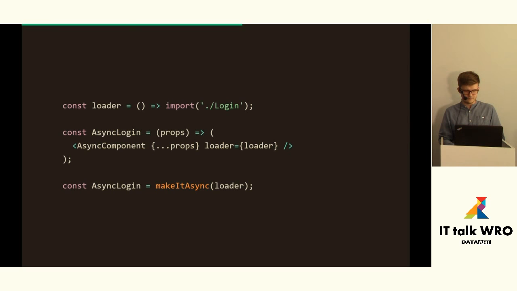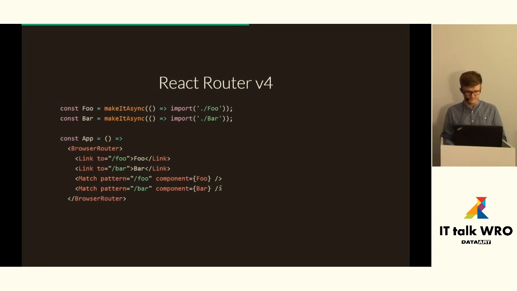Then we can just transform Login to AsyncLogin, make it async with the code that I showed you earlier. So make it async and pass the loader. And you have an asynchronously loaded component that will be loaded when you put it in your React code.